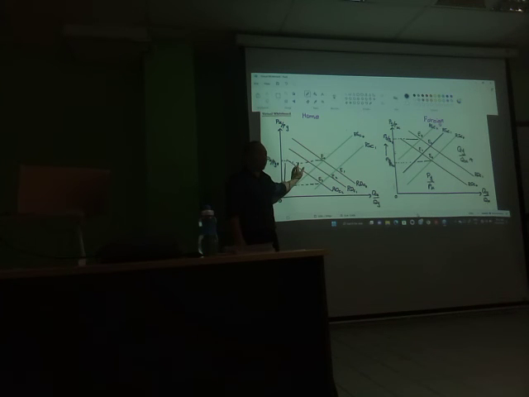Now, because X is capital intensive, and in scenario 1, the quantity of capital increases. What is the consequence in this situation? Will that affect the relative supply or relative demand? The supply curve. Why?